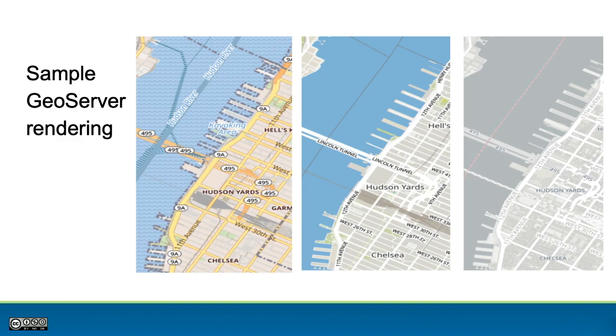And here's an example of GeoServer's rendering engine making use of these styles in different outputs. These are styles that we've downloaded. We're running them through the GeoServer rendering engine on the server side, but the same style can be used on the client side for rendering vector tiles natively. So it's a very powerful story, being able to style once and use it for both server and client side.